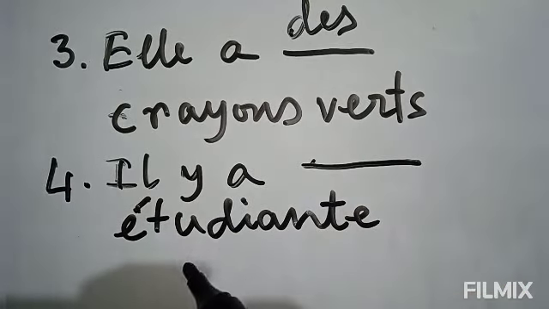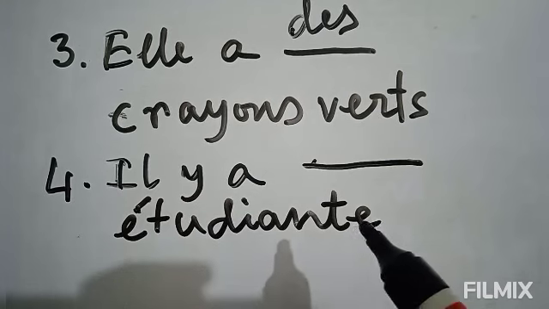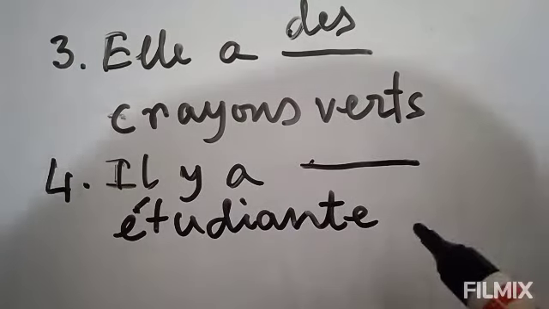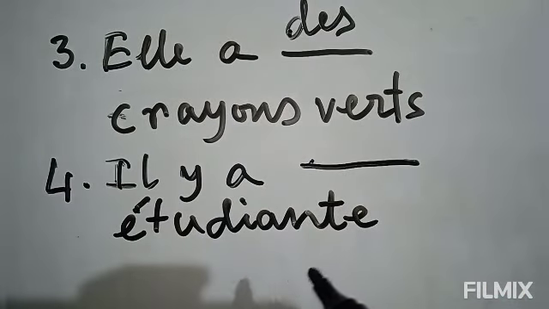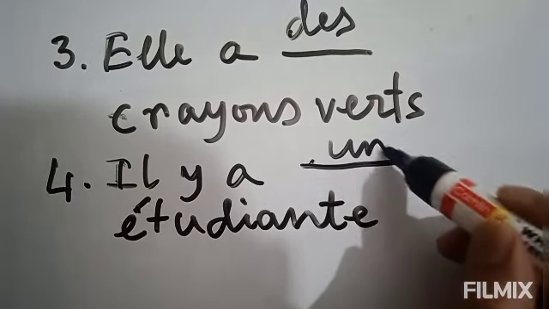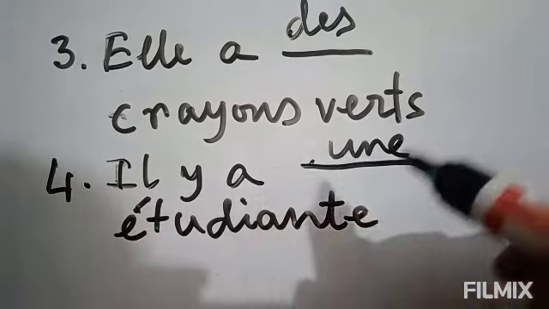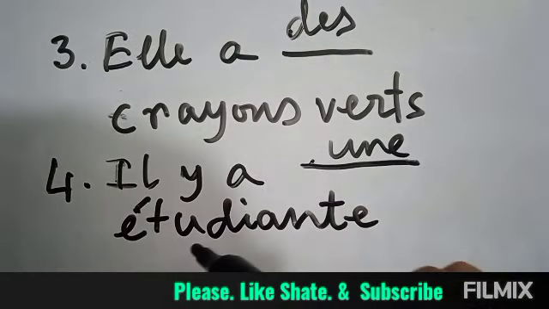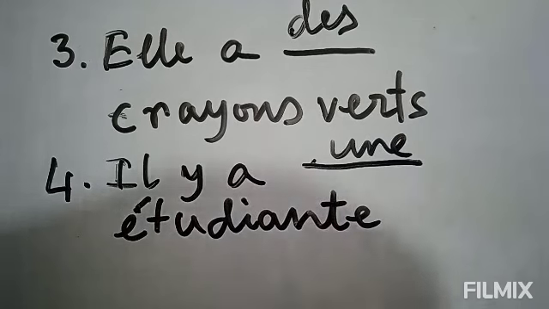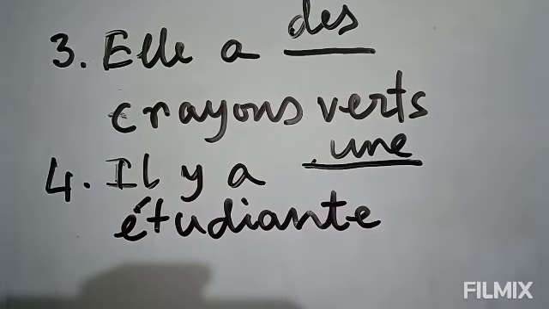Étudiant means student, but étudiante is a female student, so you have to put il y a une étudiante. Il y a in French means there is or there are. There is one female student. Il y a une étudiante.